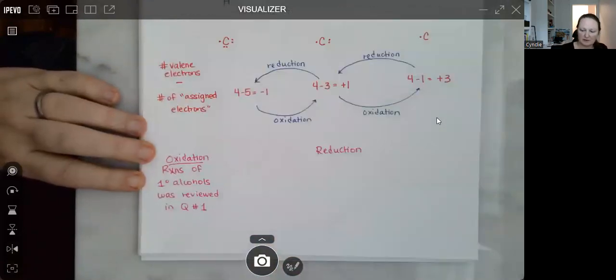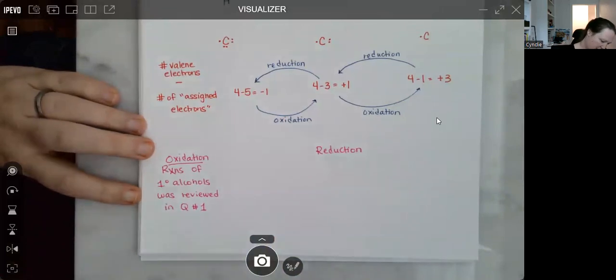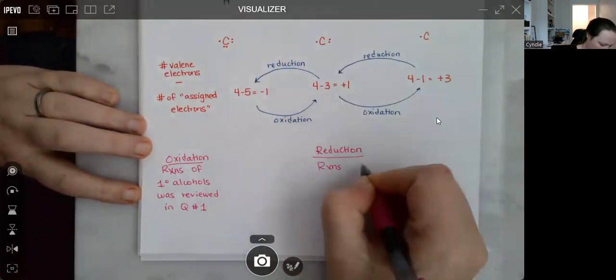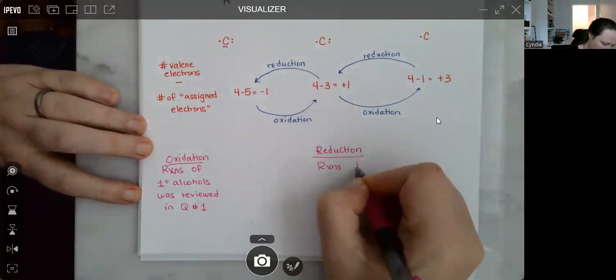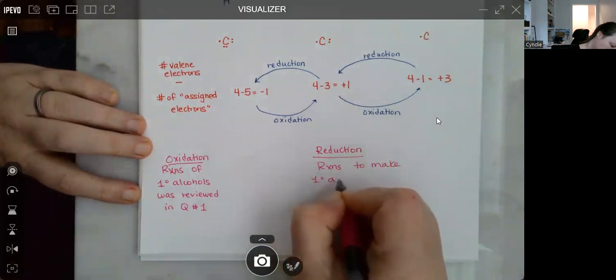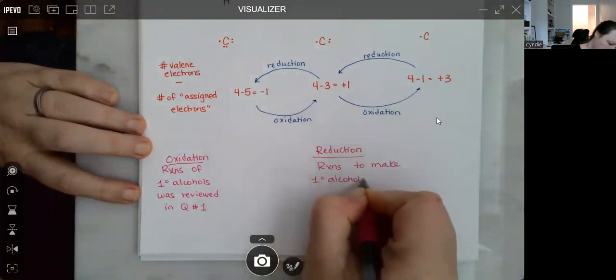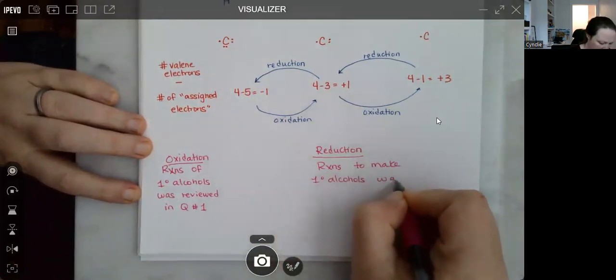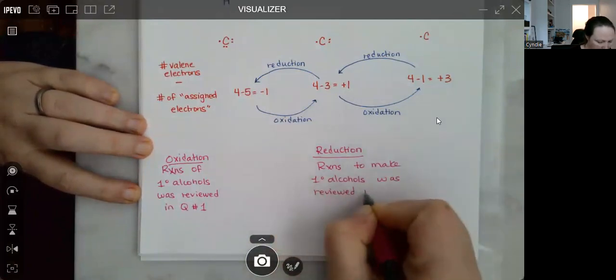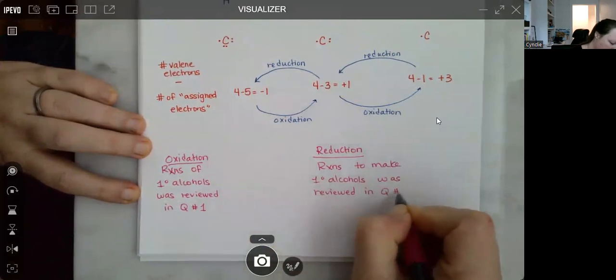So that was question number 5. So we'll say reduction reactions to make primary alcohols was reviewed in question number 5.